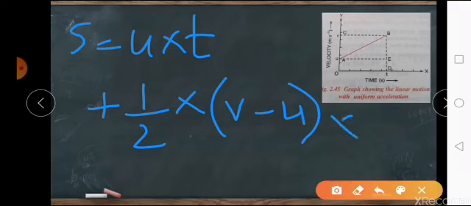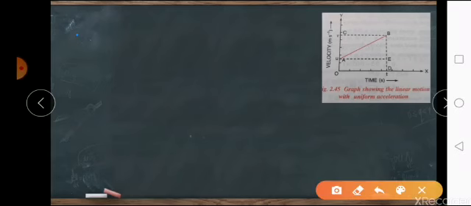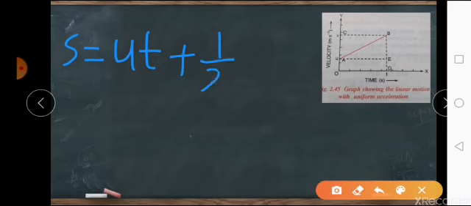Then the height will be AE, which is again time T. So this is how you get it when you replace it. Now just rearrange all these and see what you get. S is equal to UT, plus the second half, half into V minus U into T. So this is how the final equation will look.